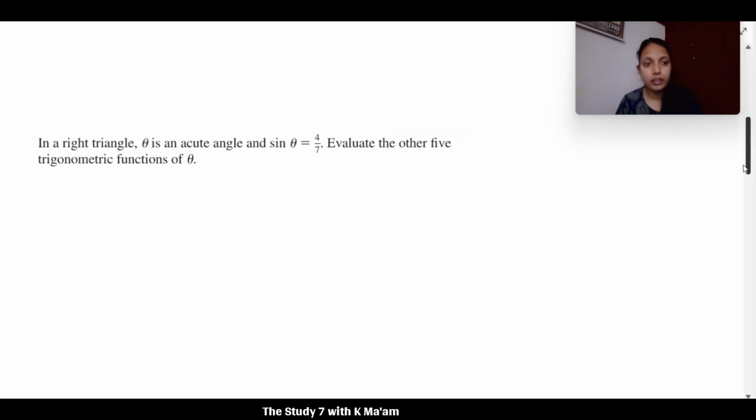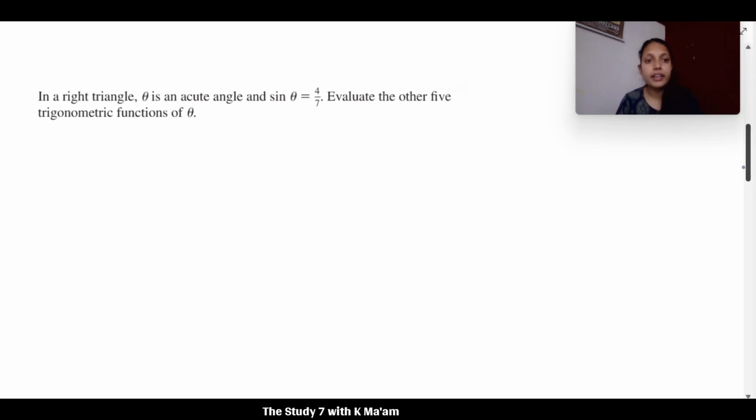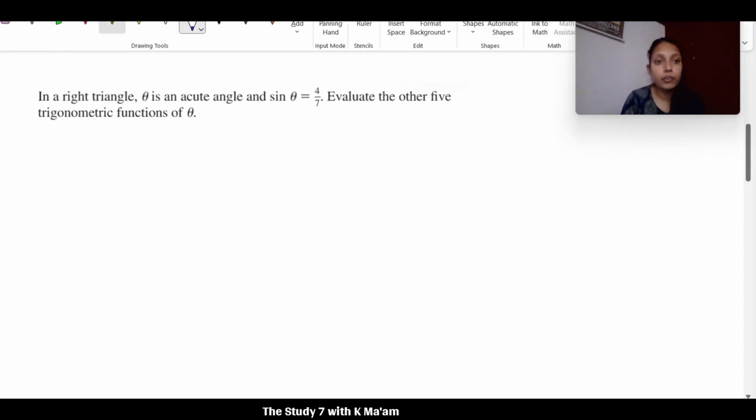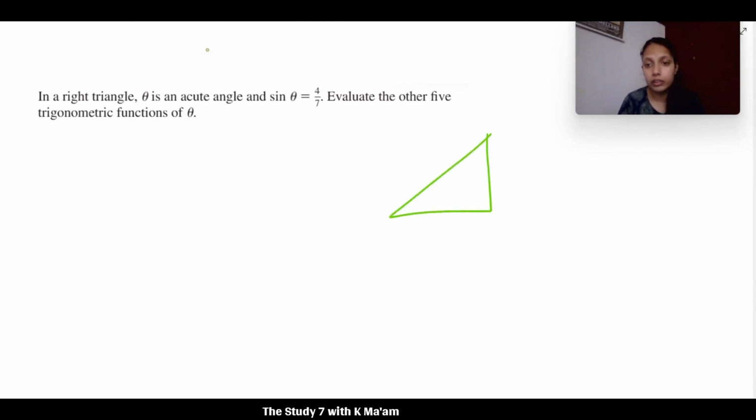Here, in a right triangle, theta is an acute angle. Acute angle means the angle which is between 0 and 90, less than 90. If it is 90, it becomes a right angle. It's not acute anymore.